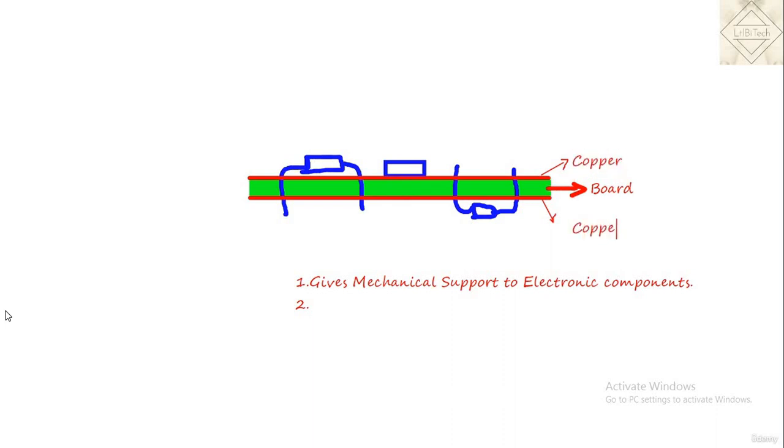So the top as well as the bottom copper gives you the electrical connection between the components, but it will not connect all the components to each other. According to the circuit, it gives the connections. So we can say it gives electrical connection between electronic components.